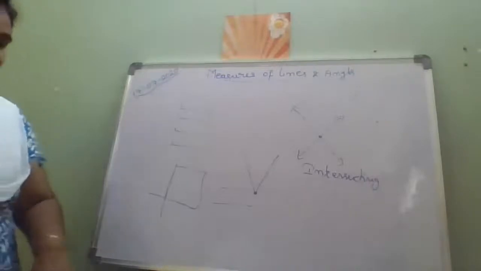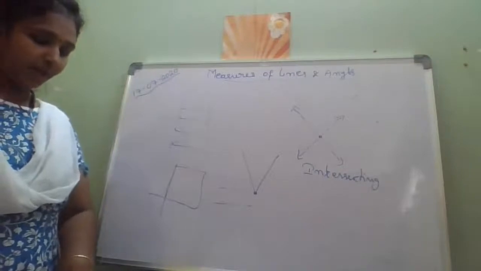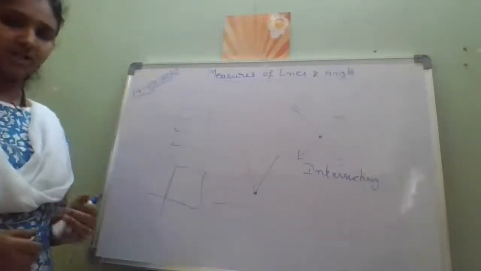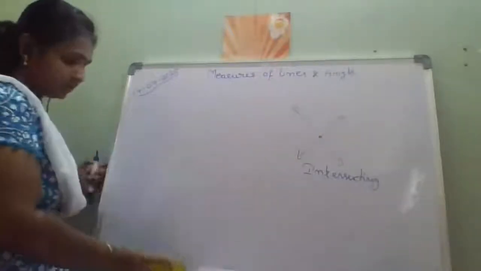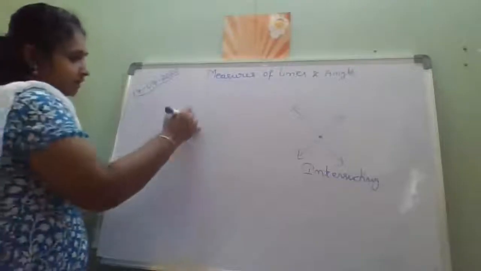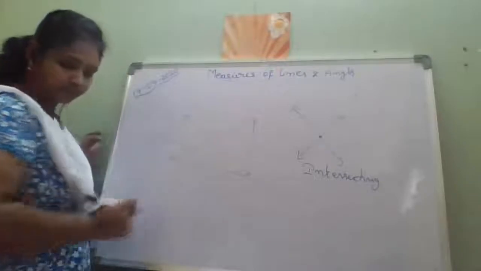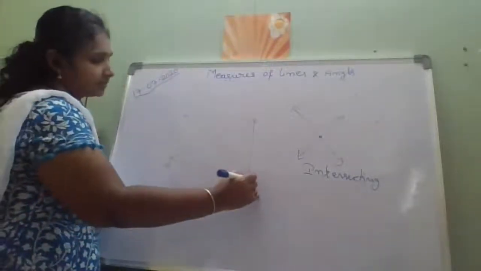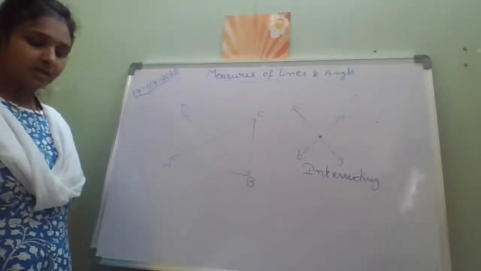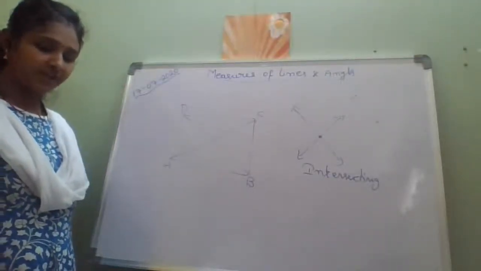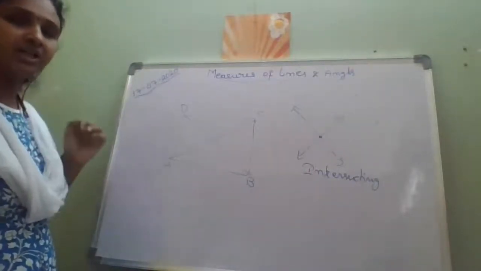Next. Trace the copy of set squares on a paper and mark the perpendicular edges. See, take one paper. Draw this one and trace the copy of the set square on a paper and mark the perpendicular edges.